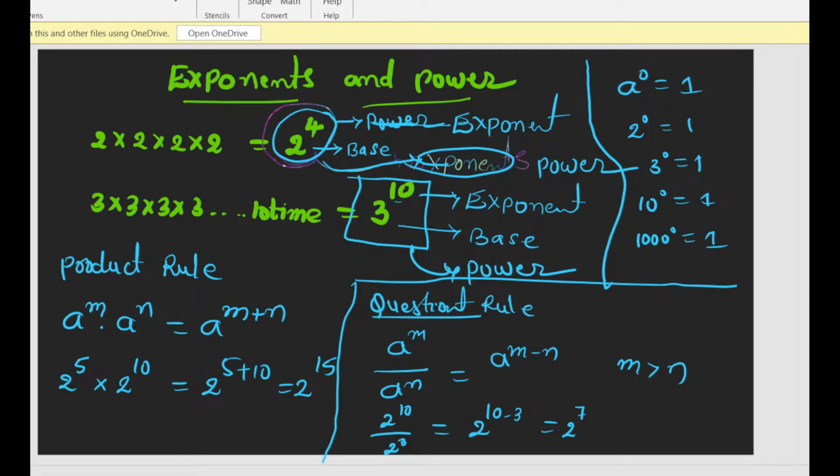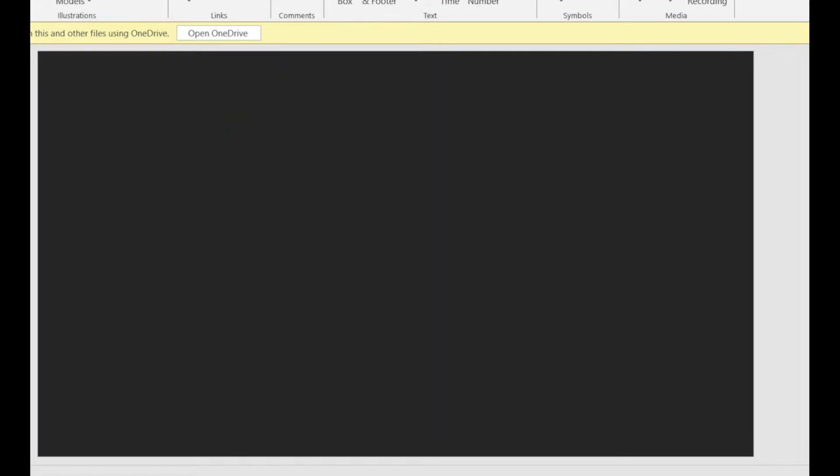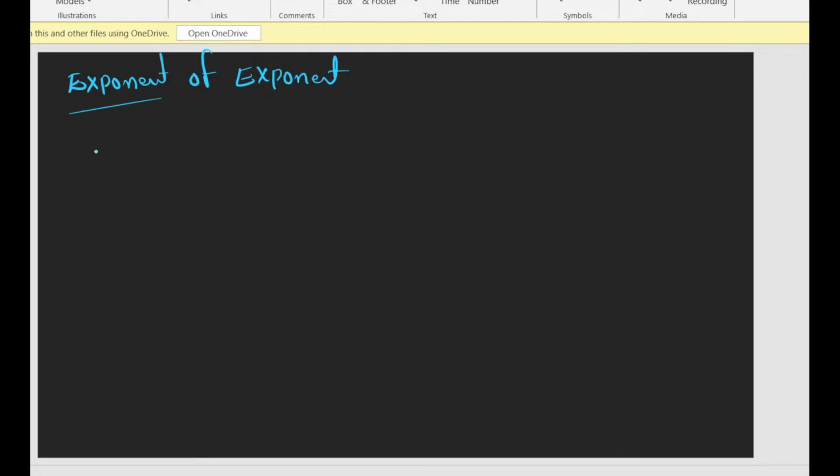Okay, so this rule we should know. And one more: the exponent of exponent rule. What is the rule here? a power m whole power n, we can write as a power m into n.